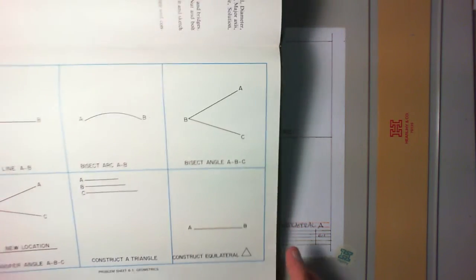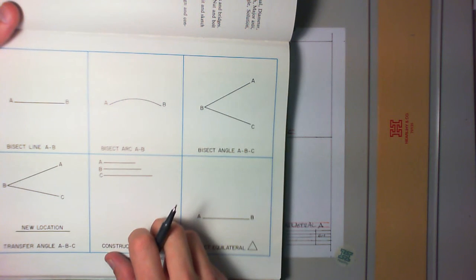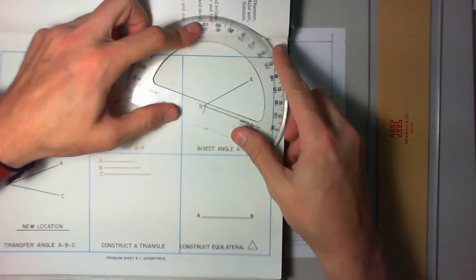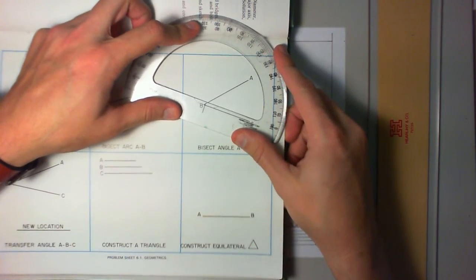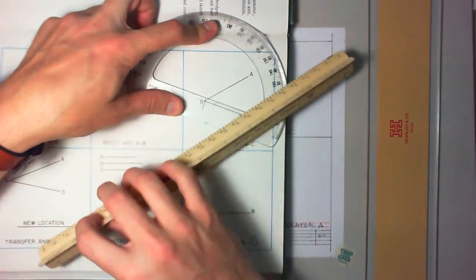Alright, now let's bisect angle CBA. Alright? So what I would do is I would just grab your protractor. If you have your protractor, you're going to take your protractor and you're going to center it on B, and you're going to try to figure out what that angle is, right?